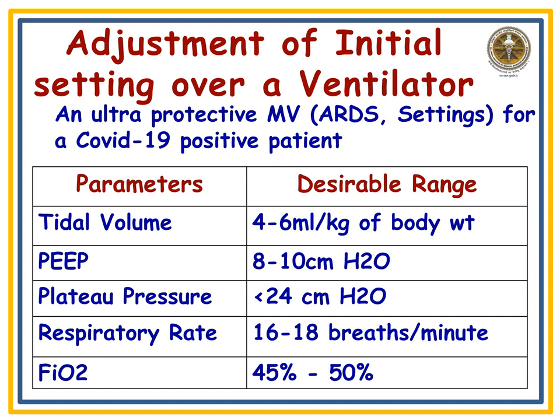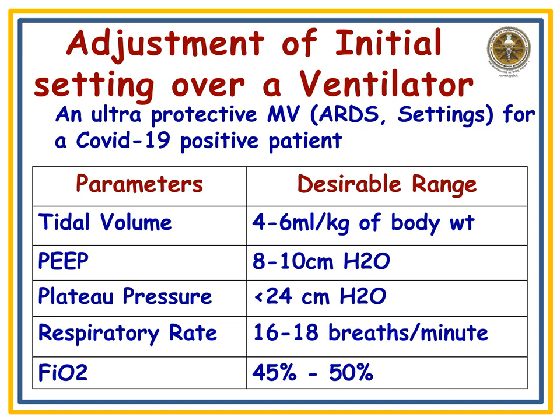The table shows some parameters and their desirable range. First one is tidal volume. The tidal volume you have to keep at a very low range, that is 4 to 6 ml per kg of body weight. For other patients, we used to prefer a tidal volume of about 8 ml per kg of body weight.